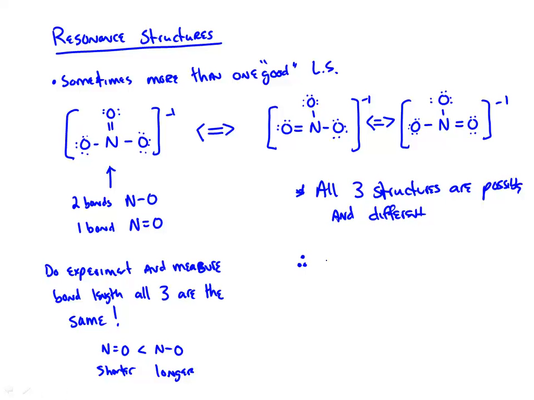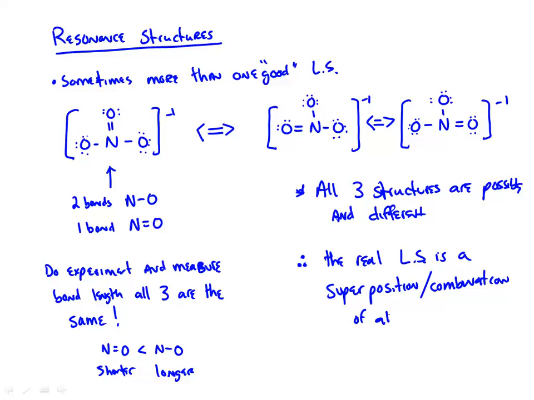Therefore, the real Lewis structure is a superposition of all three. Or, if you want, we can say a combination of all three Lewis structures. And I'll draw that in a second since I ran out of room on this. I won't try to scrunch it in the corner or something weird like that. I'll just pause for a second.